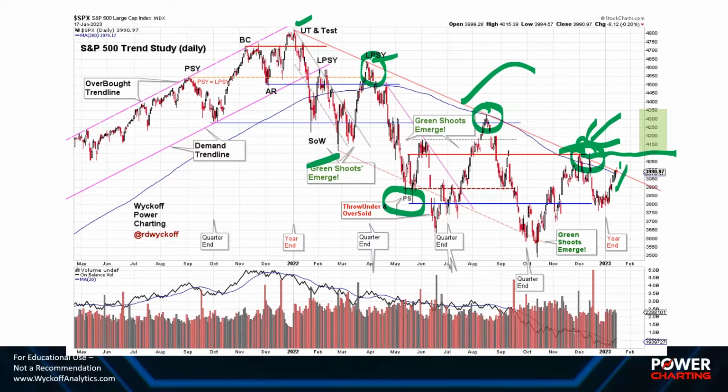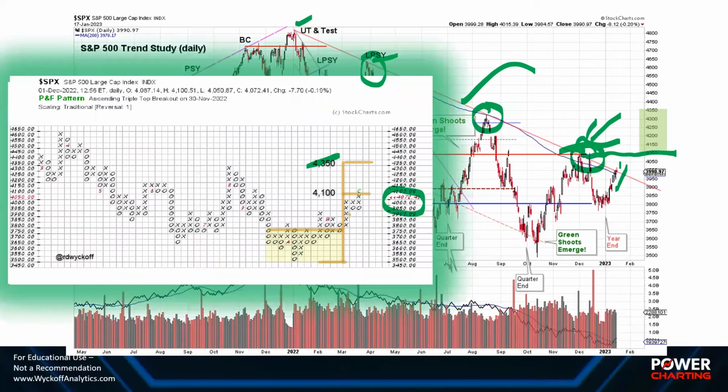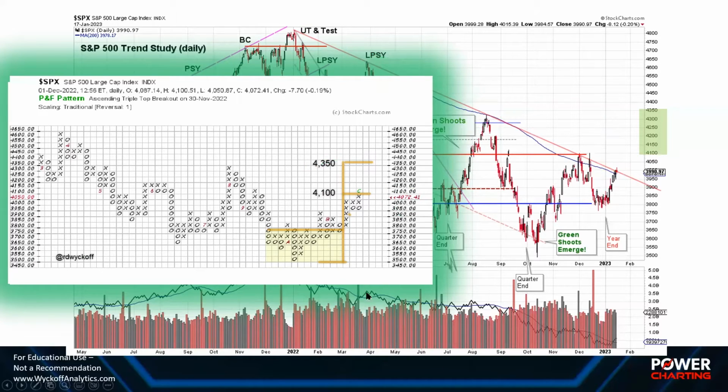I want to show you a point and figure chart. And this point and figure chart is a swing trading chart, one box reversal method, a chart that I did back December 1st. And that chart, you can see, has a swing trading count, and across this yellow shaded area, 4,100 to 4,350.